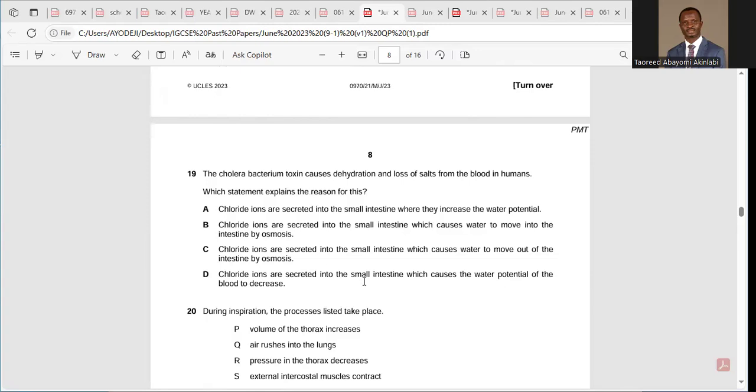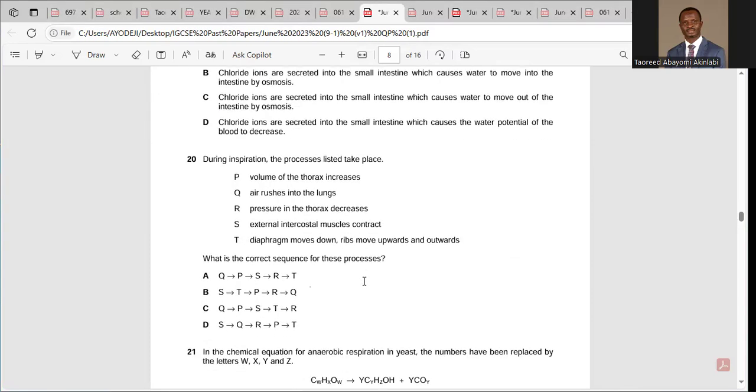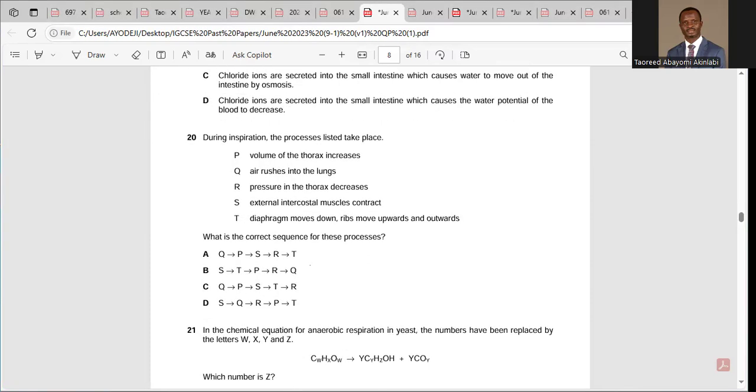Now for question 20, during inspiration, the processes listed take place. That means P, volume of the thorax increases. Q, air rushes into the lungs. R, pressure in the thorax decreases.